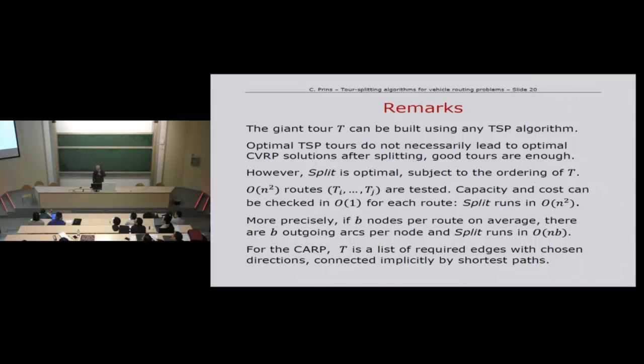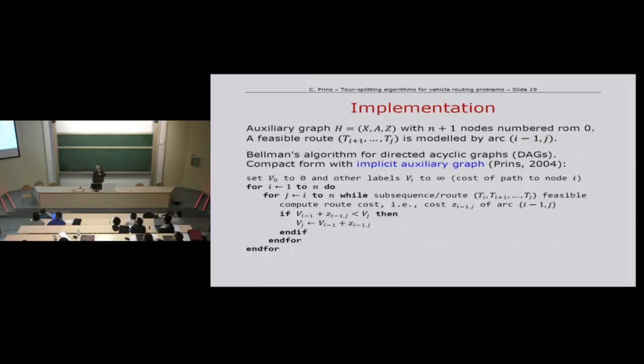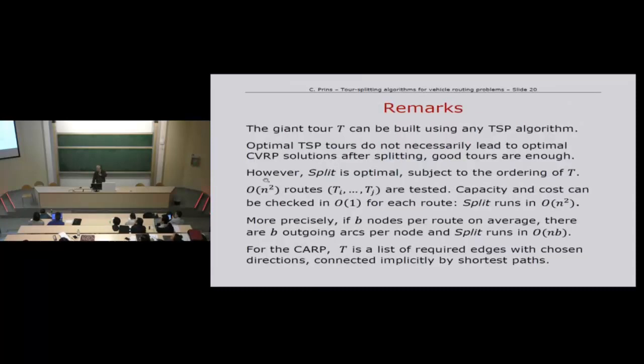Also, we can see that this algorithm is basically equivalent to enumerating all the subsequences Ti, Tj, and there are n squared subsequences. So this is the complexity of the algorithm. So split runs in O of n squared. So n is the number of customers. We can be more precise.